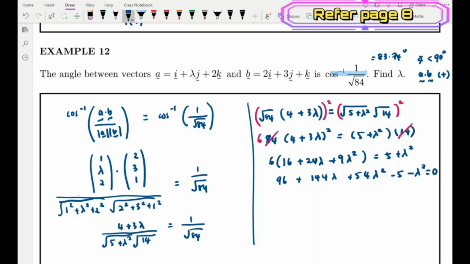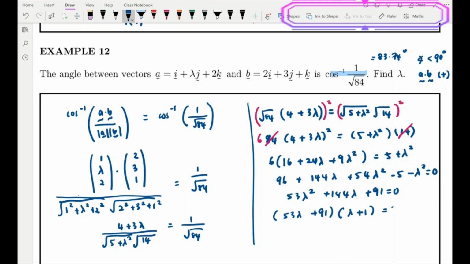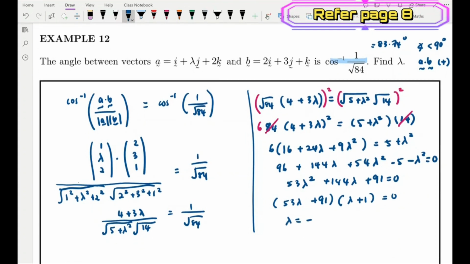So when we simplify, we can get 53 lambda squared plus 144 lambda plus 91 equal to 0. So we can get 53 lambda plus 91, lambda plus 1 equal to 0. So lambda we can get two values. Lambda equal to negative 91 over 53 or lambda equal to negative 1.